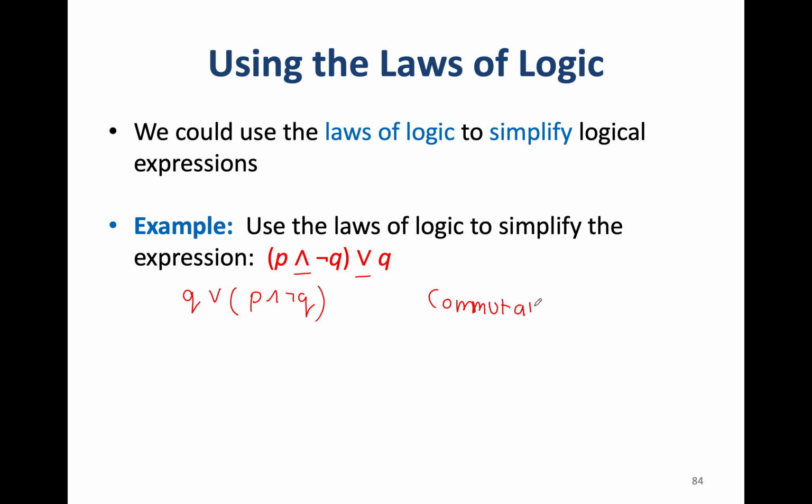It's really important that you show which laws you use to move to the next step. Then we can use the distributive law. In the distributive law, we need to make sure that I've got two different connectives.